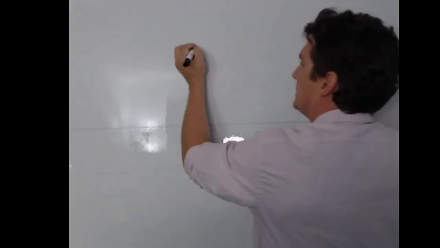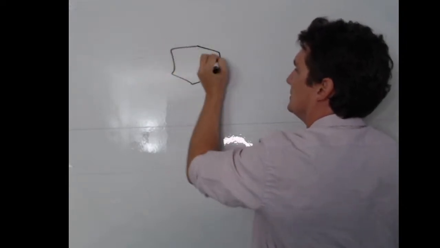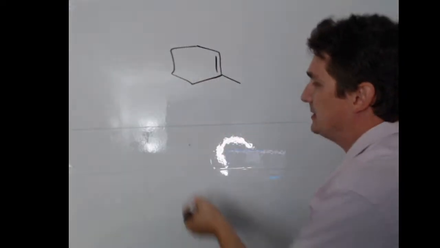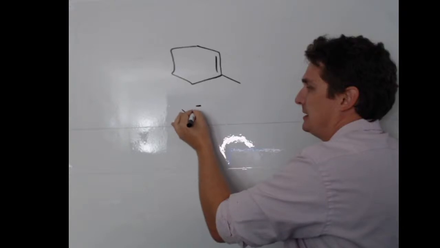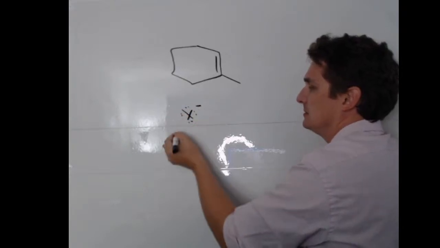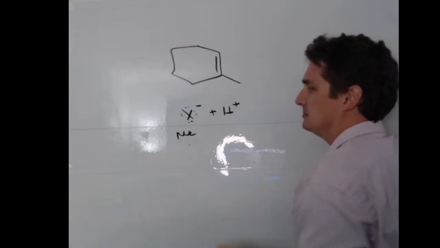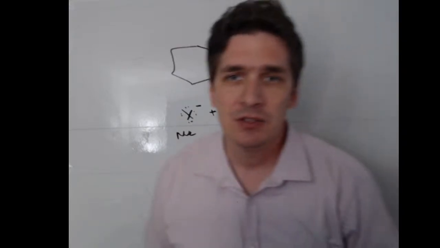So let's say I have this starting molecule, and I know I'm going to add back to the double bond, and I've got 2 components here. I've got my nucleophile, and I've got a hydrogen. And this is my electrophile. So there are 2 ways I can make this happen.